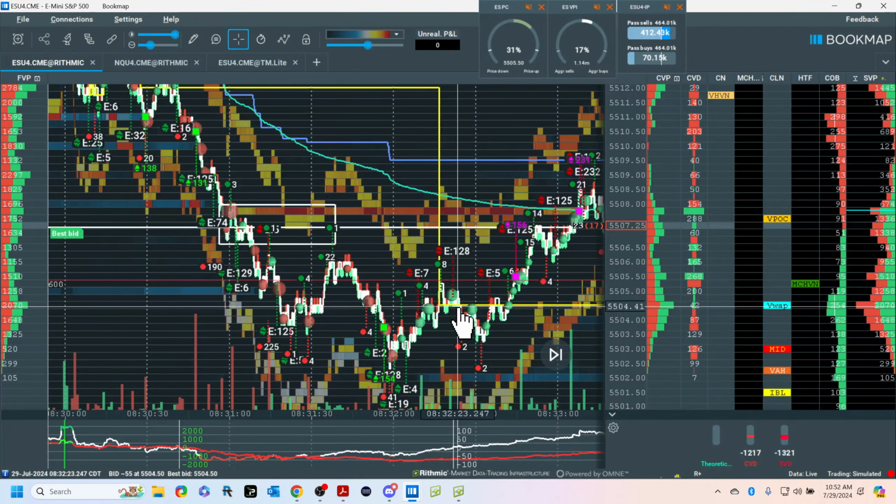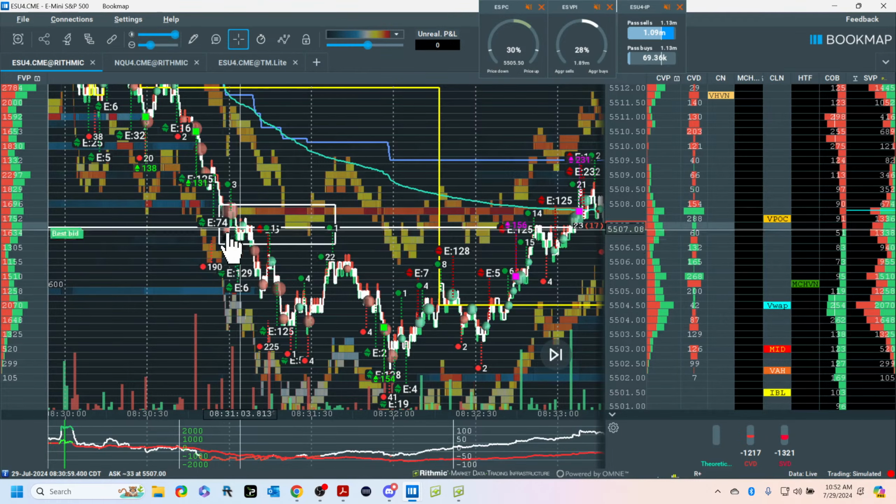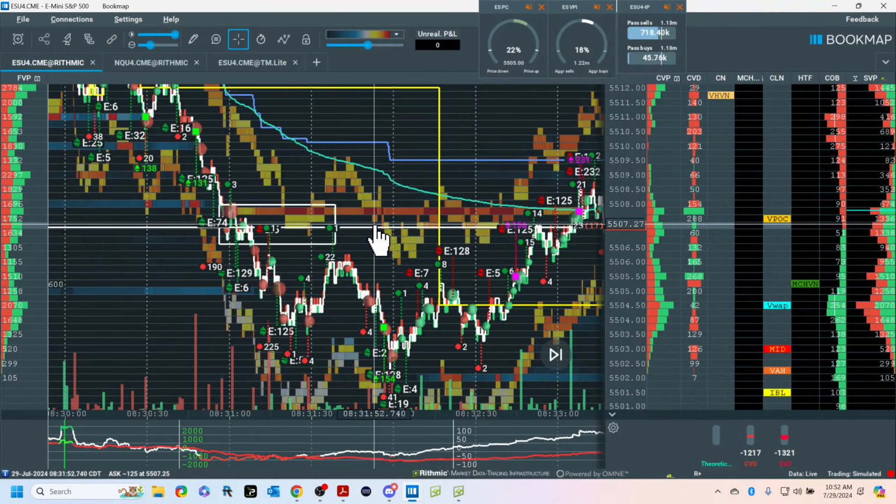VPOC migration. Okay, let's watch this. So this is resistance. This is resistance. Actually, I'm going to take this off of here. That was for here. Let's look at this one.